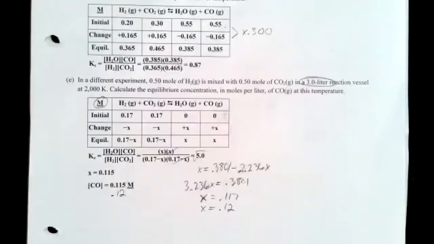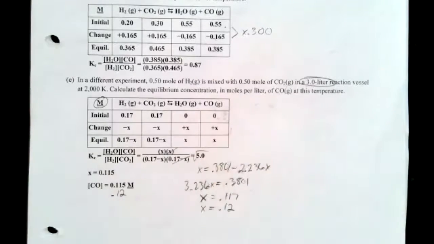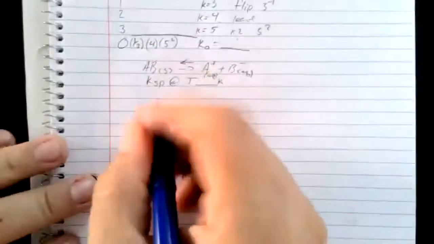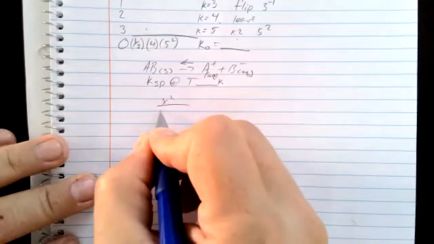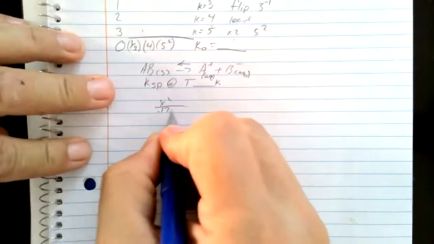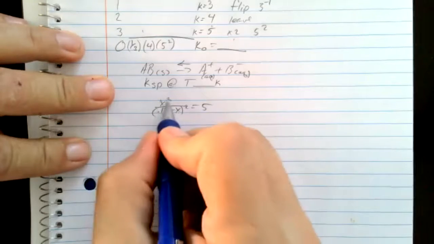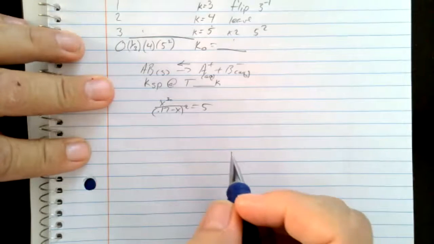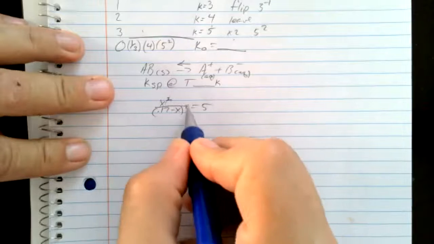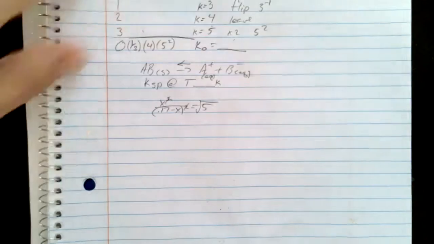Yeah, you mean you want to? Only because I feel like it would be much clearer if you wrote it like that. X squared over 0.17 minus X squared? Yeah, thank you. I mean, sure. In which case you can just do this. Like that? Yeah, it's the same thing, yeah. Sure.